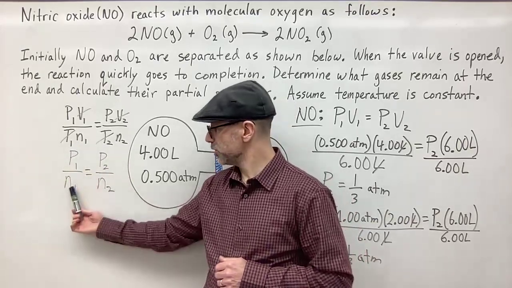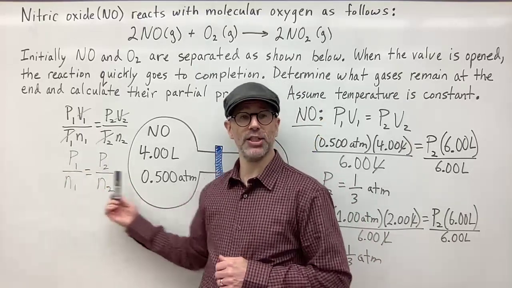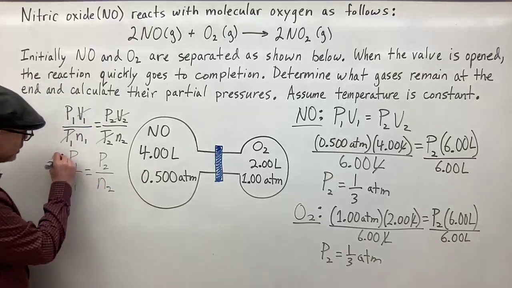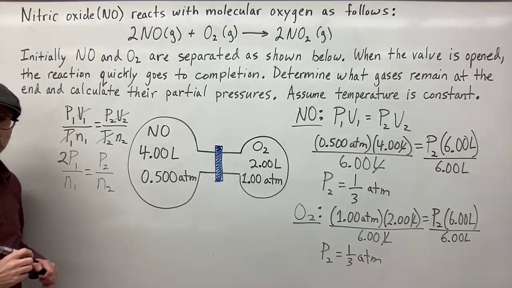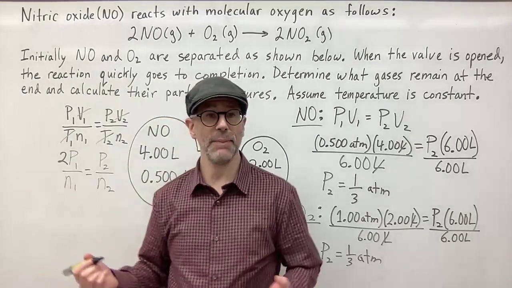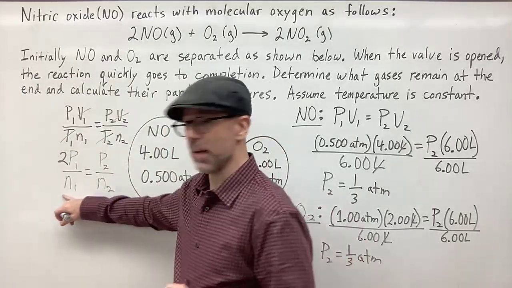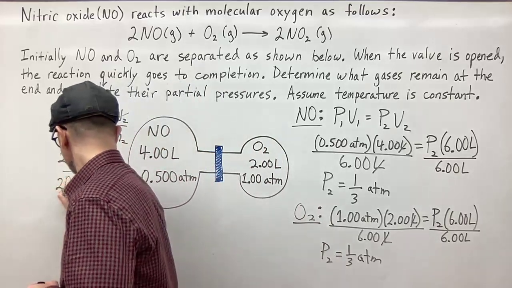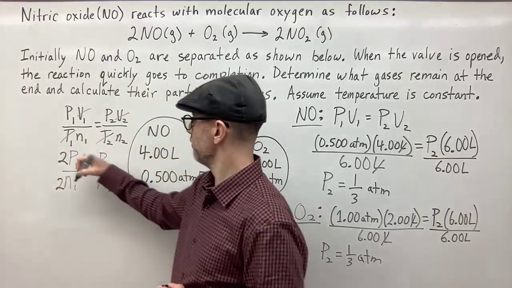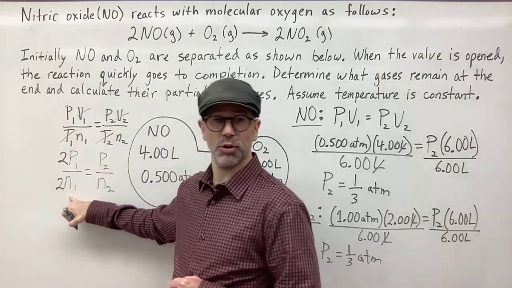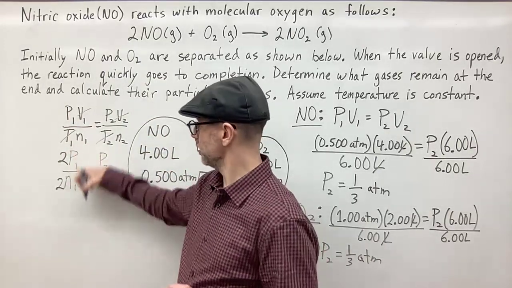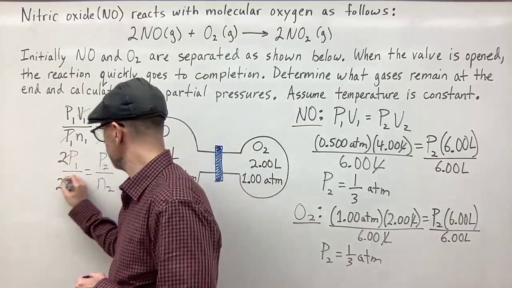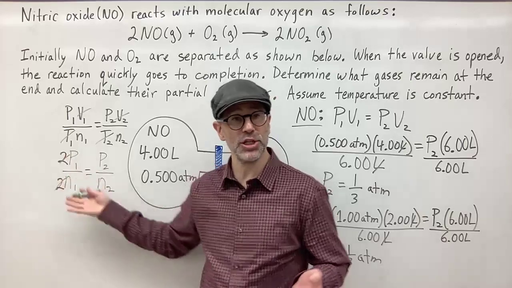So, for example, if I double the pressure, what must happen to the amount of gas to keep the ratio the same? Well, that's got to double as well. So they're directly related to each other. If I double the pressure, I've got to double the amount of gas so that the ratio is the same. And the 2 and the 2 will cancel out and we get back the ratio, right?